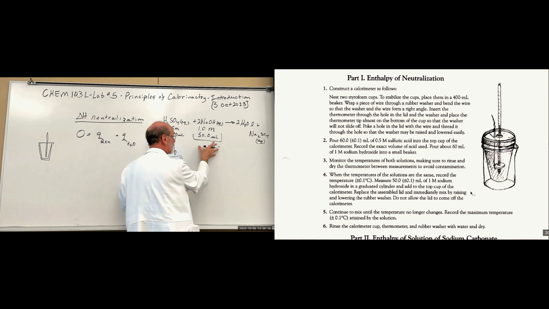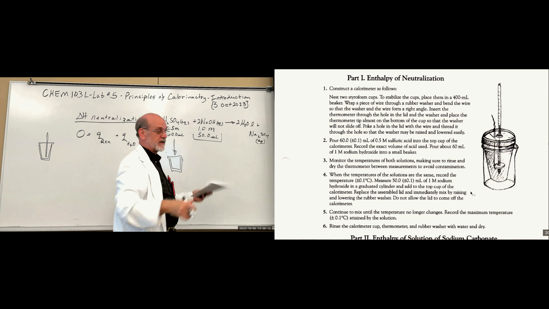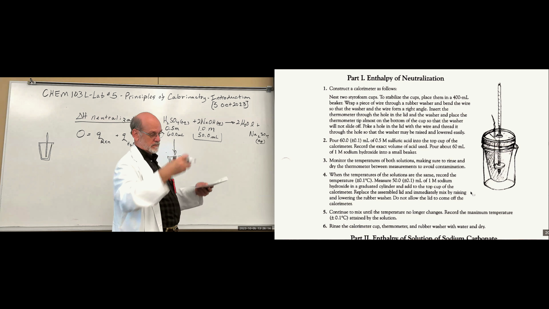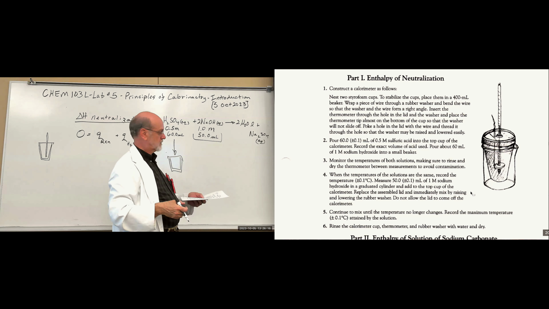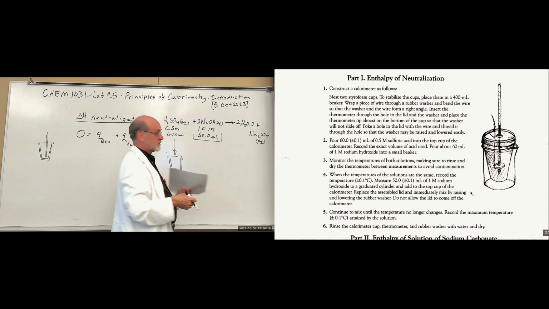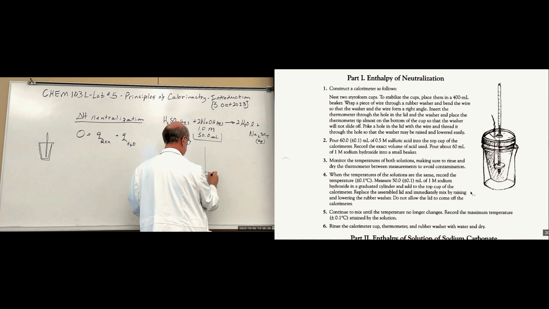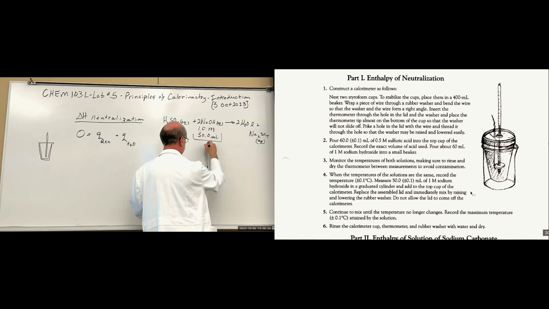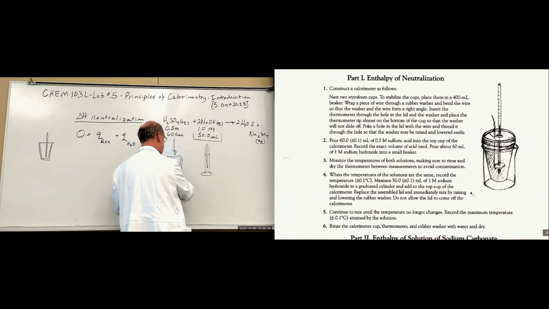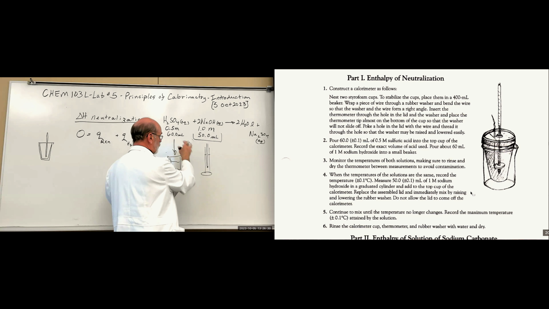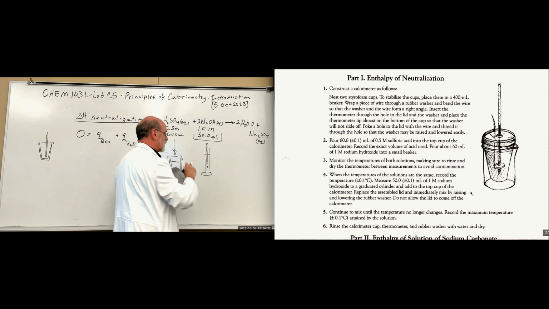And then you have 50 milliliters of this, and you can just leave it in the graduated cylinder with your thermometer. Yeah, 50 milliliters here, 60 milliliters there, and you watch the temperatures until they're equal.